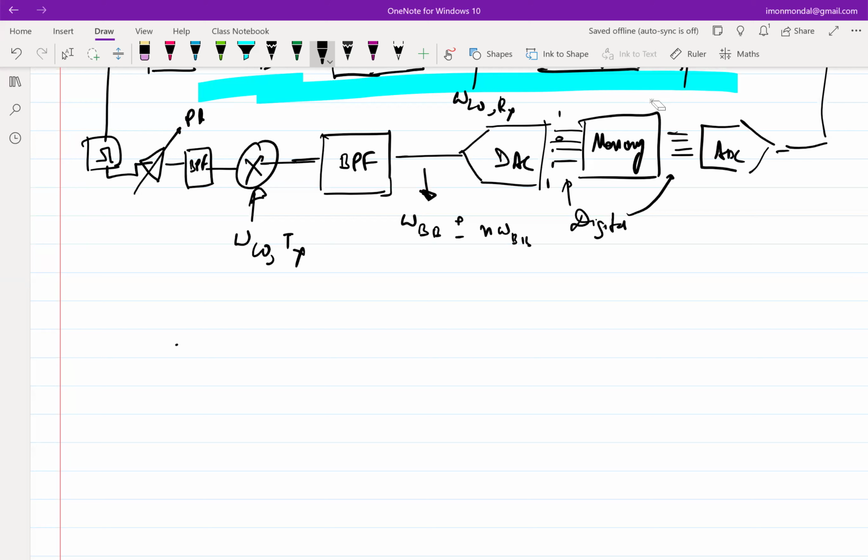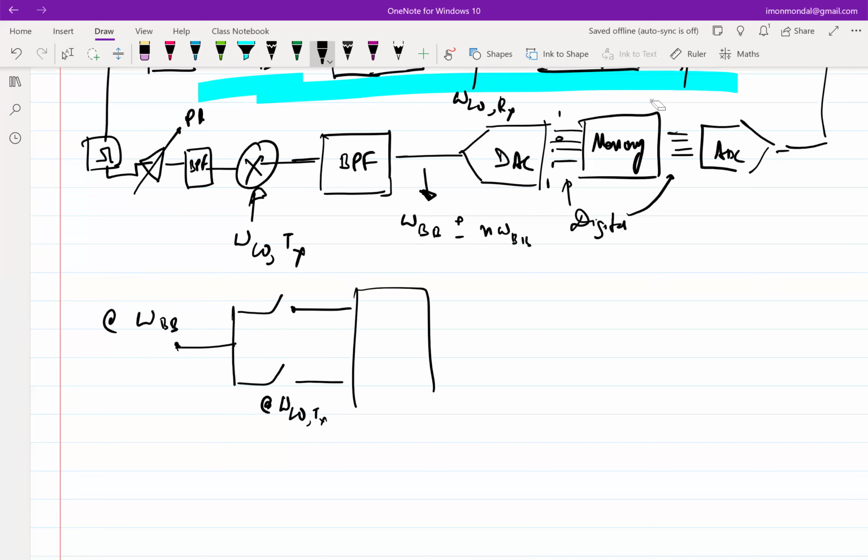If I have to draw the mixer, you can think of it like the same guy. Let me draw only two parts; I don't want to draw four parts. And this is at omega LO.